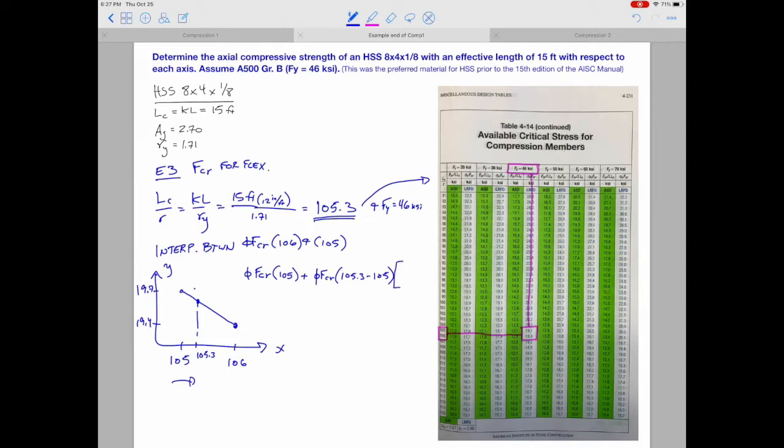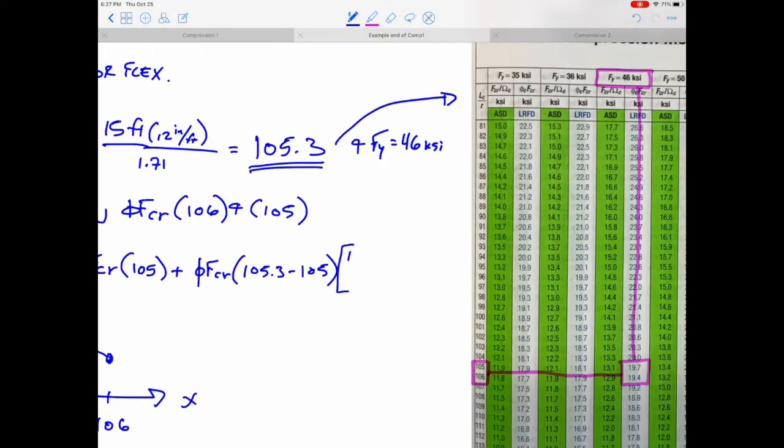But I need the slope, so I need to say it's phi Fcr at 105 minus phi Fcr at 106, divided by 105 feet minus 106 feet.